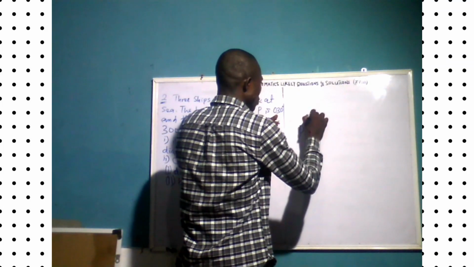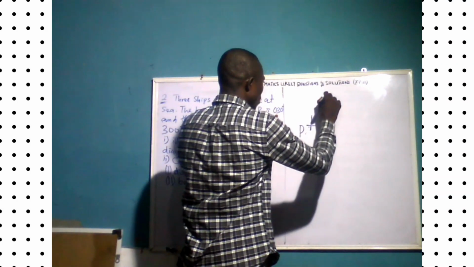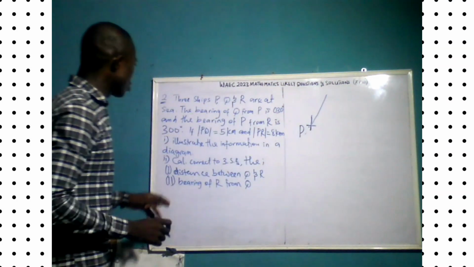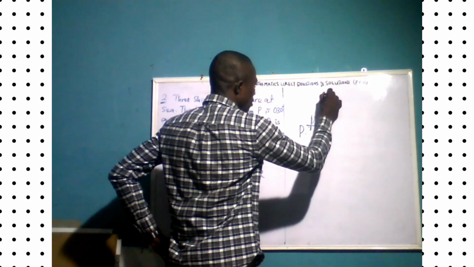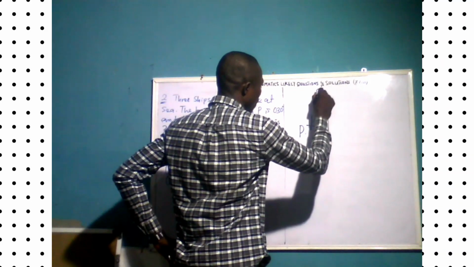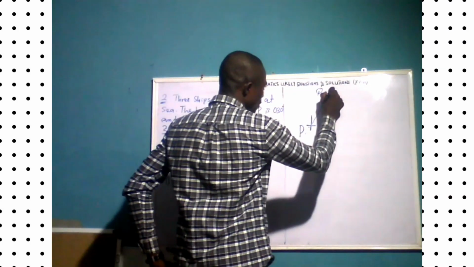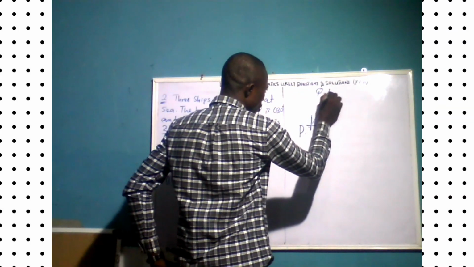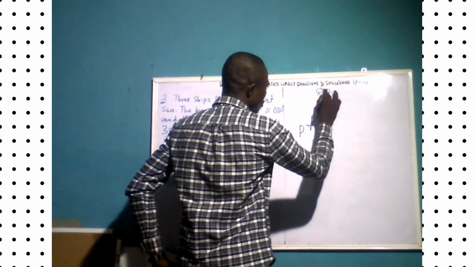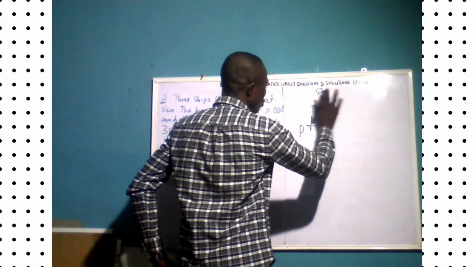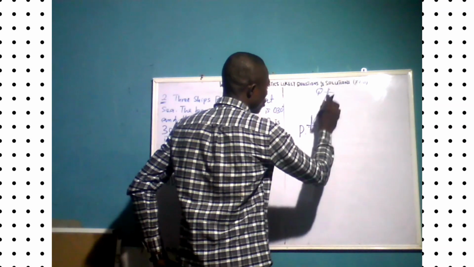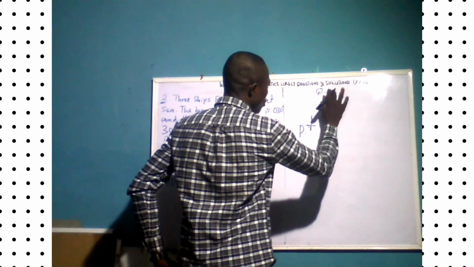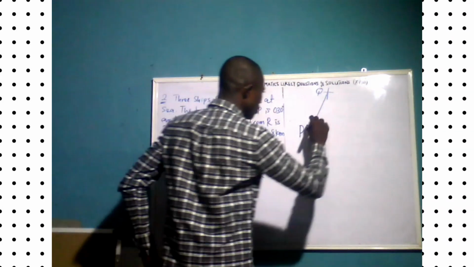Take this as point Q. The cardinal points are also drawn here.